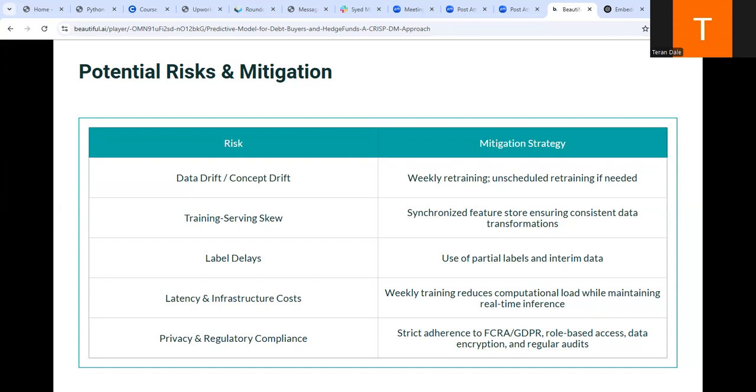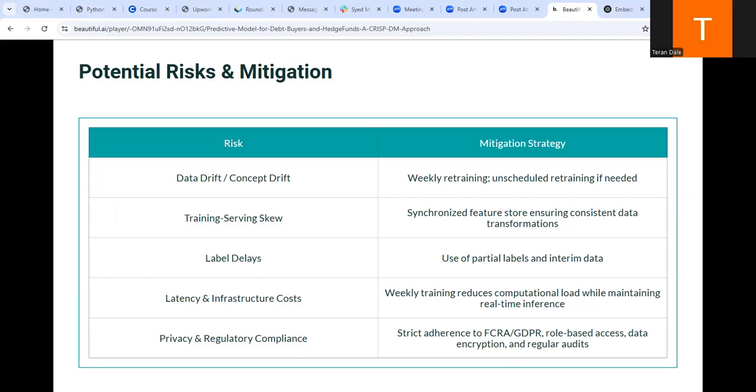Latency and infrastructure costs. Weekly retraining minimizes computational overhead while still allowing near real-time scoring, striking a balance between responsiveness and resource use. So definitely that's a help. Privacy and regulatory compliance. Handling highly sensitive personal data demands strict adherence to privacy laws such as FCRA and GDPR.